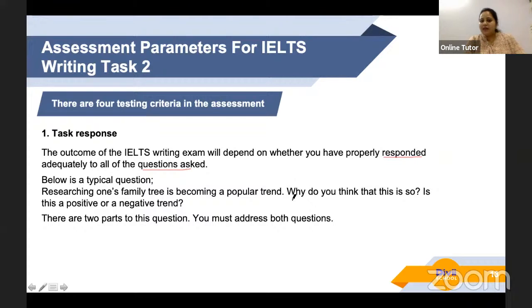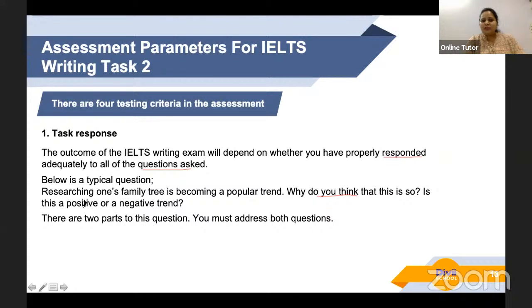So answering both these parts is important. And these are the parts which will constitute your body paragraph 1 and body paragraph 2. This will be body paragraph 1 where you will be talking about why researching one's family tree is becoming a popular trend.